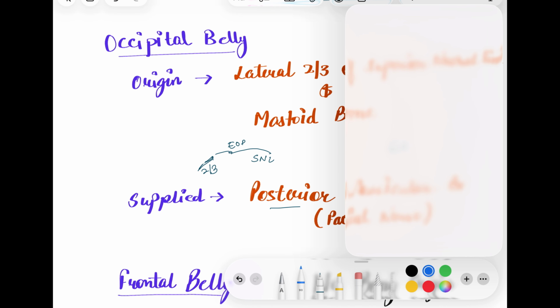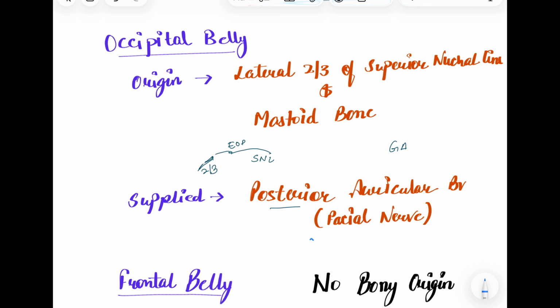It is going in front, and on the lateral side we have the mastoid process also, so the fibers are taking origin from this process also. So it is taking origin from two parts, and in the center it is reaching your Galea Aponeurotica.